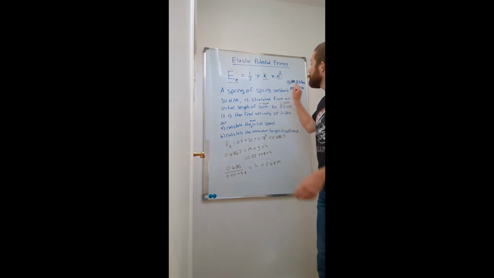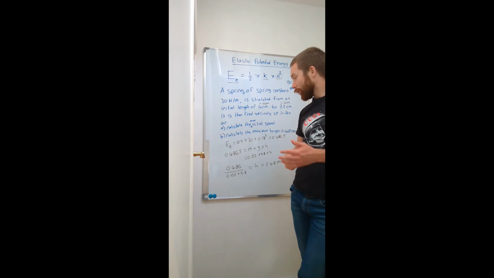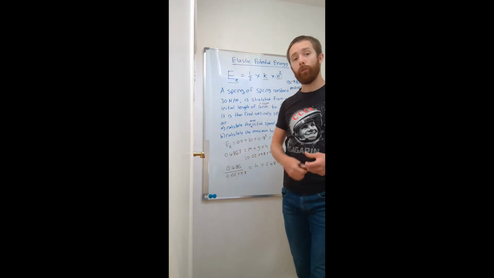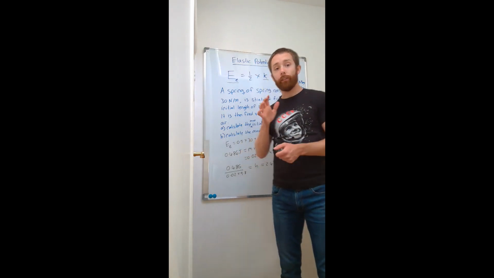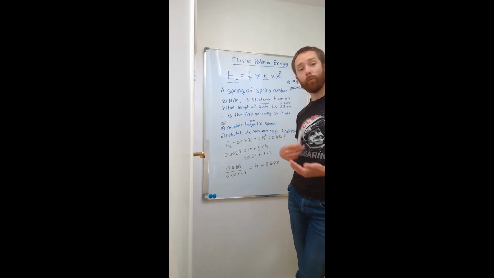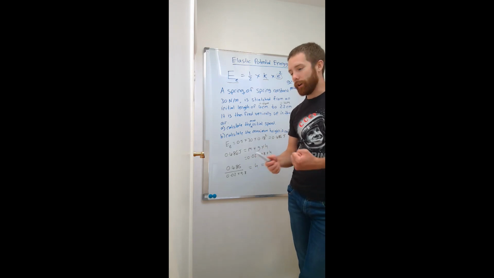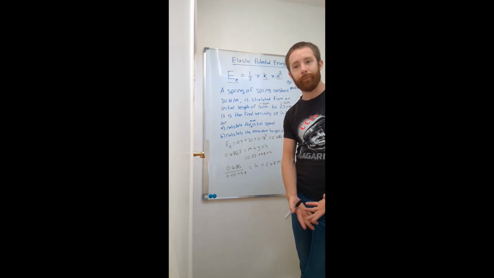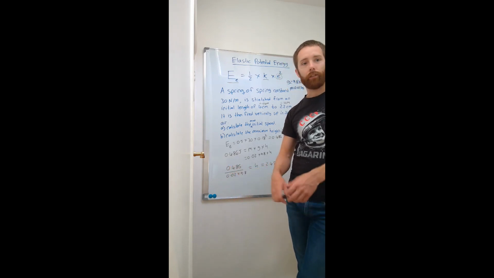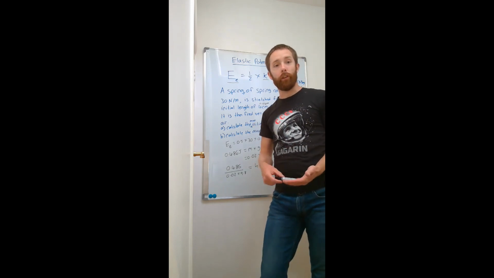Okay, so we're using this equation here to work out the elastic potential energy, and we can, in any situation, convert this into another kind of energy that we've dealt with. There's loads of different ways you could do it. If you had a spring that had a certain amount of elastic potential energy in it, you could hold that underwater, release the spring, that's going to be converted into kinetic energy, which is ultimately going to be converted into thermal energy or internal energy in the water.